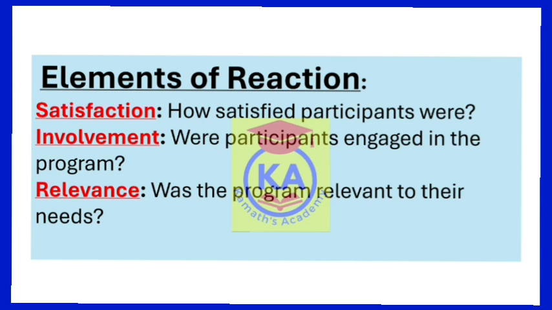Involvement means that in a program, involvement of both sides is required. It should not be one way communication. If there is one way communication, the audience may not be able to understand well. If there is two way communication, there will be a good understanding of the concepts. So that is very important.